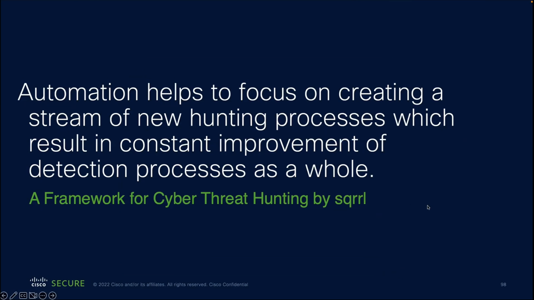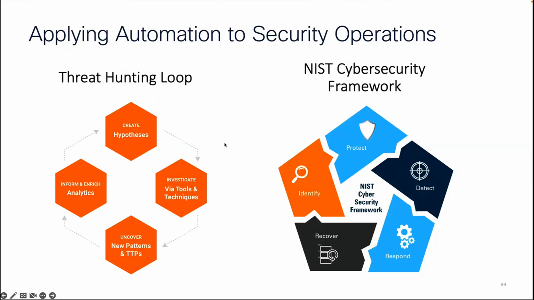But essentially, what we want to show is that automation is going to help you to automate those triage processes so that you can really focus on proactive threat hunting, coming up with hypotheses about something that has not been detected in your environment, validate them, and then circle back and improve your security controls and so on and so forth, right? So essentially maturing the overall security posture of your organization.